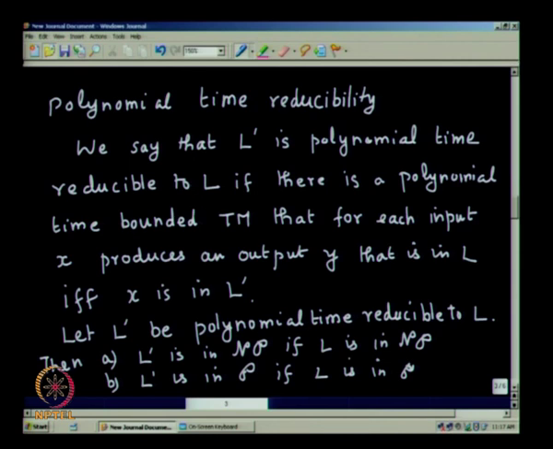If L dash is polynomial time reducible to L, then L dash will be in NP if L is in NP, and L dash is in P if L is in P. It is the same definition put in a slightly different manner.